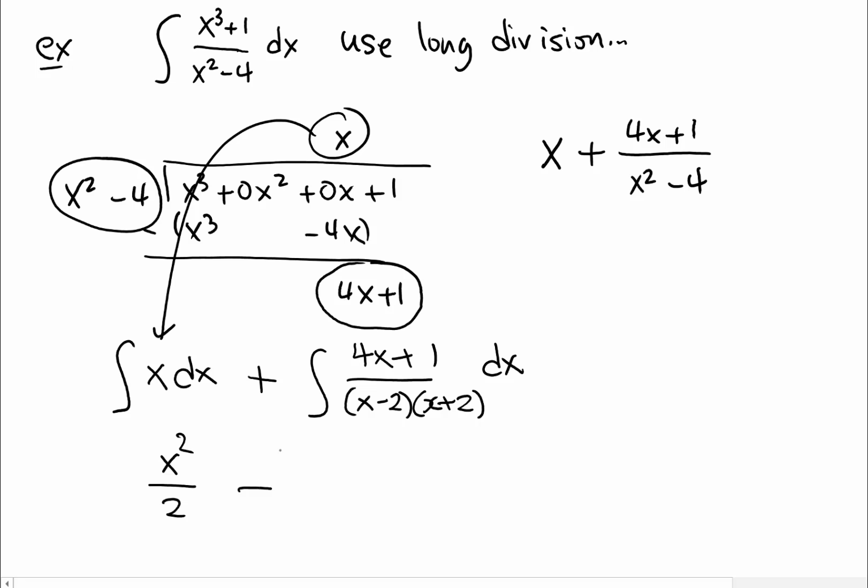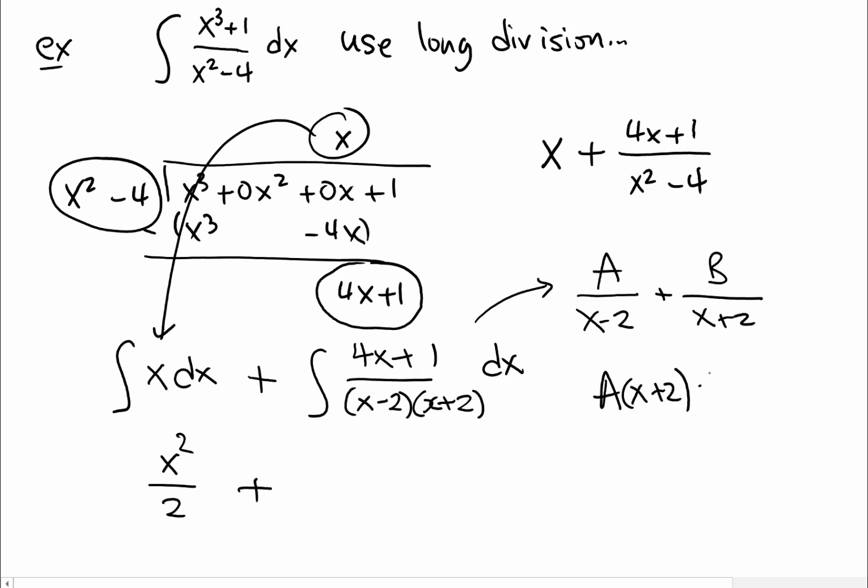The first integral becomes x squared over 2, and the second integral breaks into two pieces. So we get the integral of a over x minus 2 dx and the integral of b over x plus 2 dx using the partial fractions that I have shown you before.